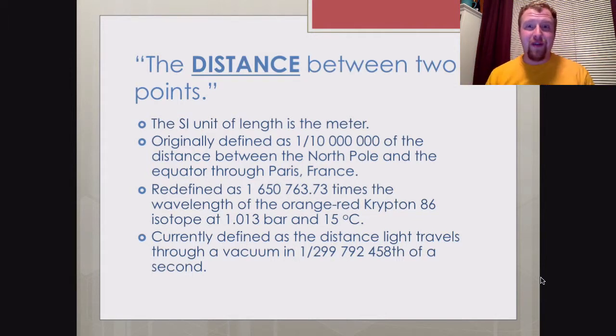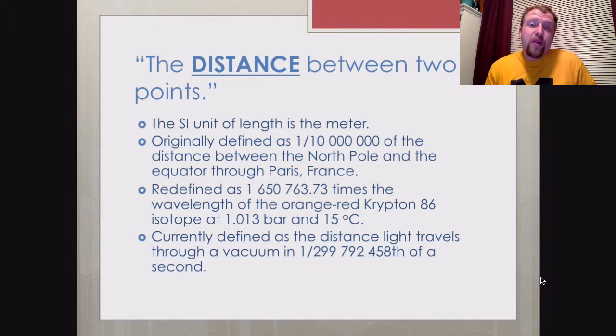It was originally defined as one ten-millionth of the distance between the North Pole and Paris, France. But again, we realized that that's not a very good definition because the continents move, tectonic plates. So Paris actually moves a little bit. So it's not very refined. As you can see here, there are some other things that we were able to use to define a meter. We've redefined it so that it's very specific to a naturally occurring situation.